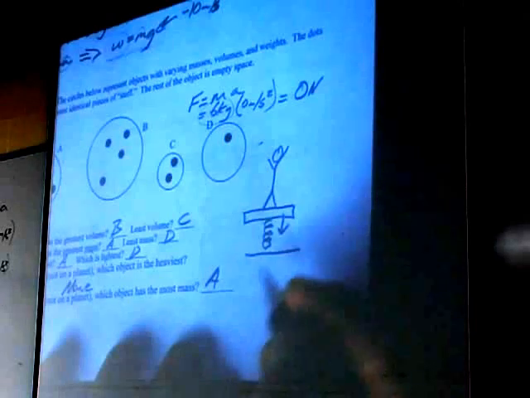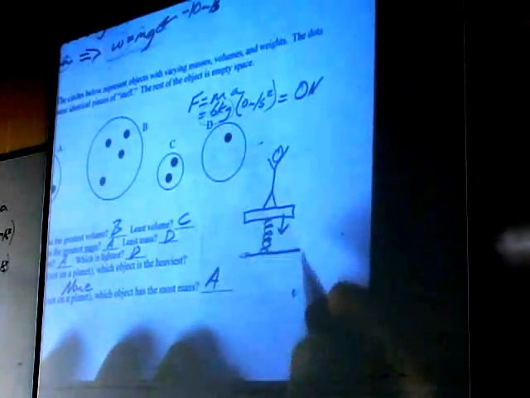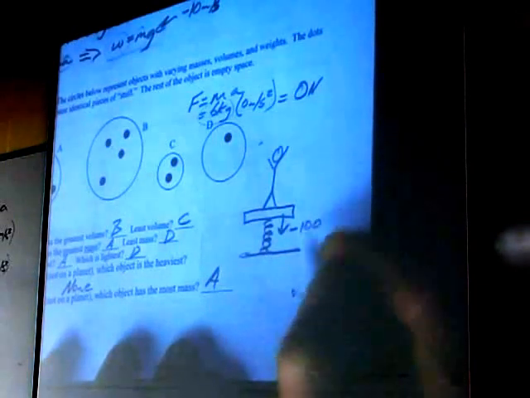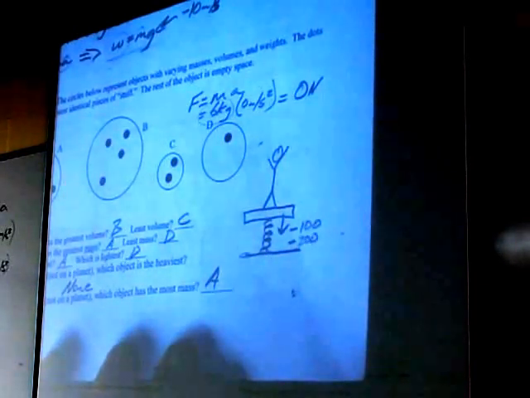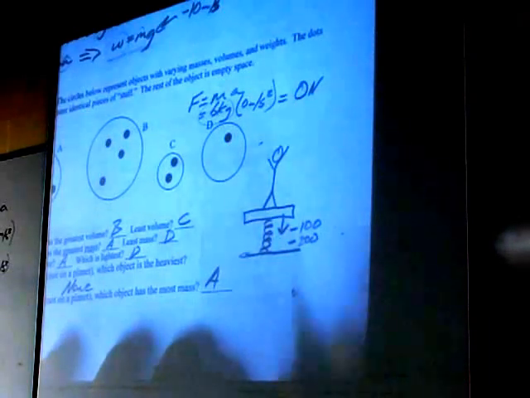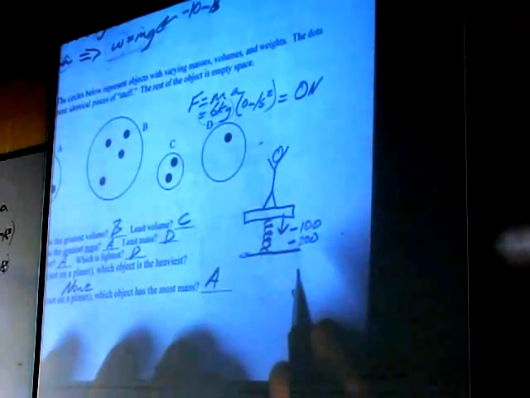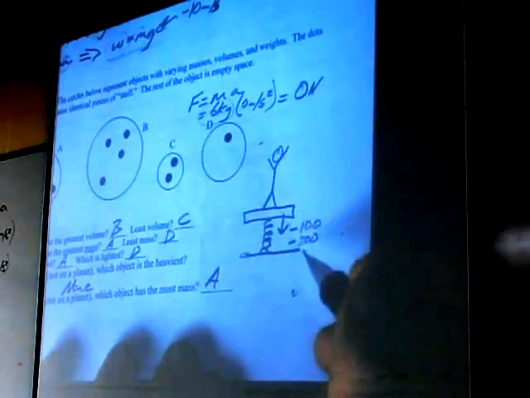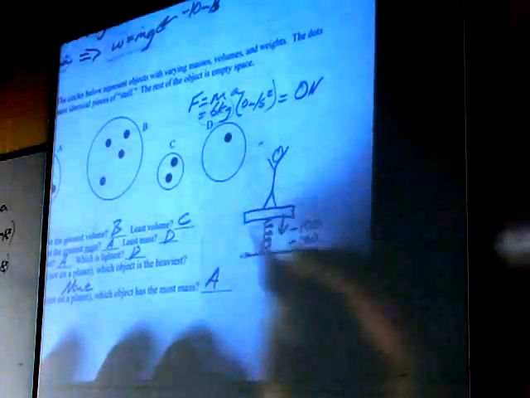If you push it down more, that tells you you're heavier. Like to here, you might be 100 pounds, and here, you might be 200 pounds. If you take this setup to the moon, where there's less gravity, is it going to work the same? No, it won't. You won't compress the spring as much because you're not as heavy.